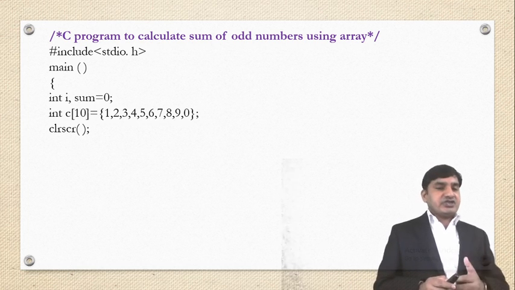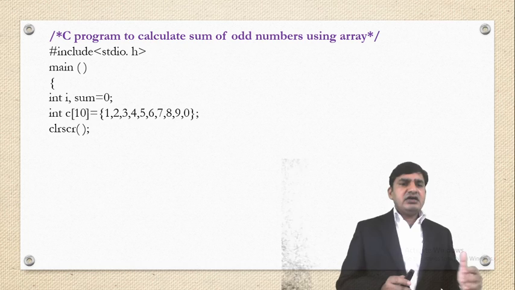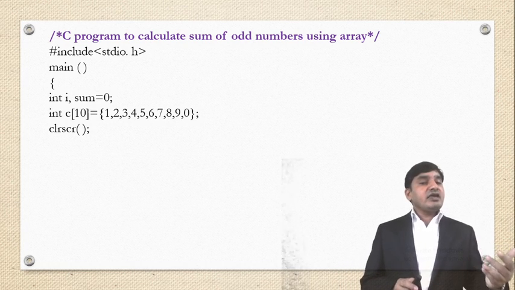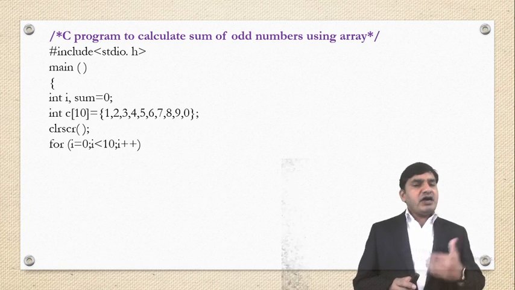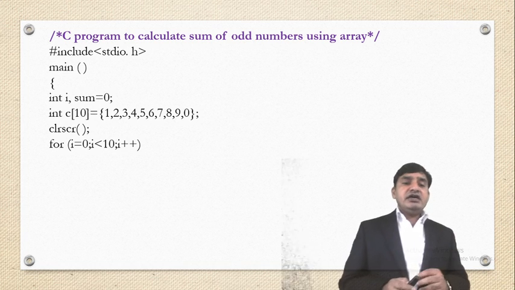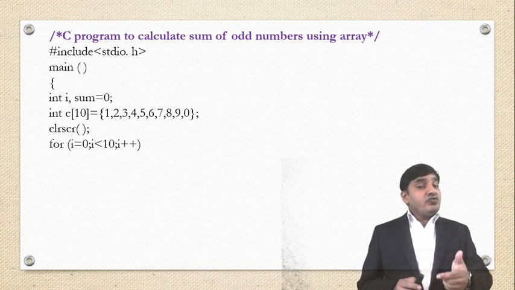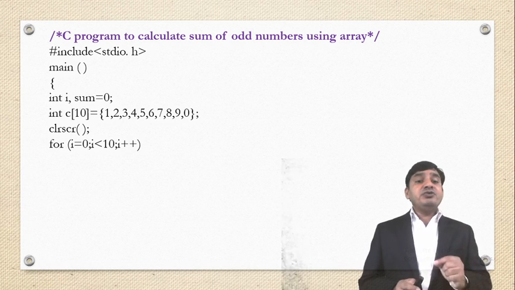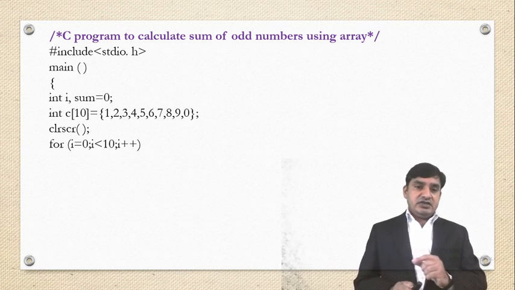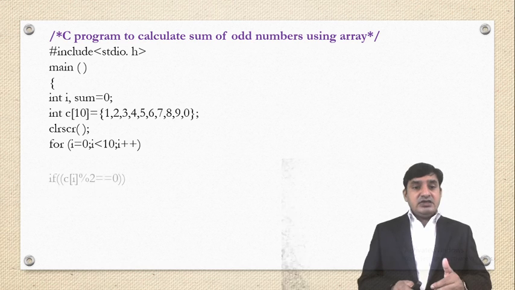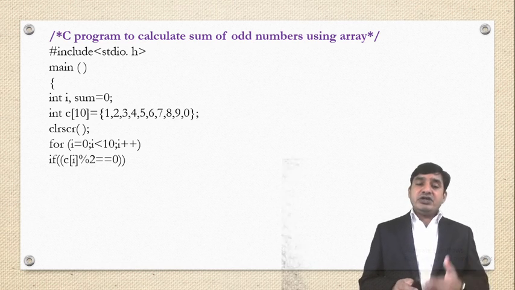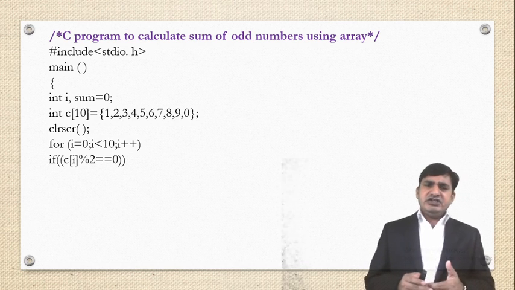Now clrscr, which is used to clear the previous output. Okay, for loop, again we use a for loop, i is equal to 0. This is the initialization. We have to increment i up to i less than 10. Then this loop is executed and now we have to check the condition.